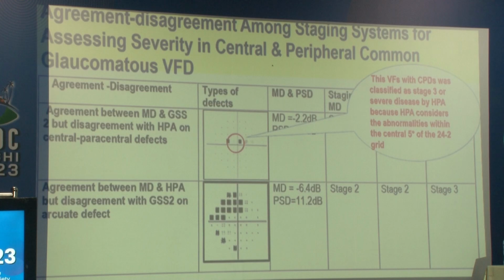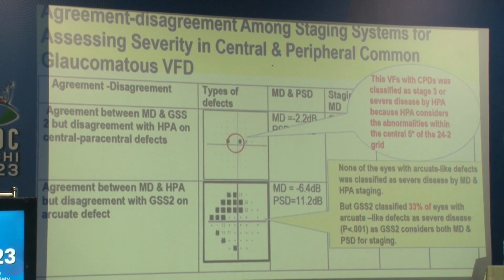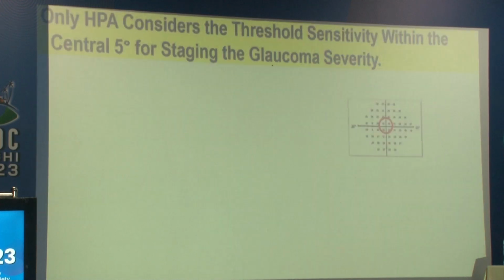Now, in the second row, we find an arcuate defect with a high pattern standard deviation value of 11.2. Here we find agreement between mean deviation staging and HPA staging, but disagreement with GSS2. None of the eyes with arcuate-like defect in this research was classified as severe disease by mean deviation staging and HPA staging, but GSS2 classified 33% of the eyes with arcuate-like defect as severe disease, as GSS2 considered both mean deviation and pattern standard deviation for staging.